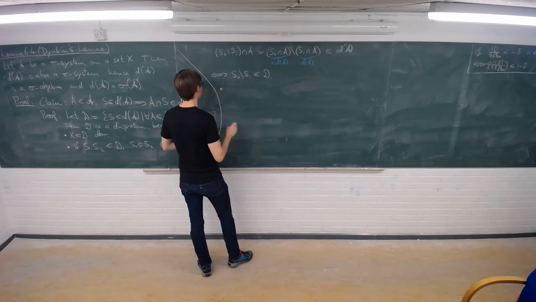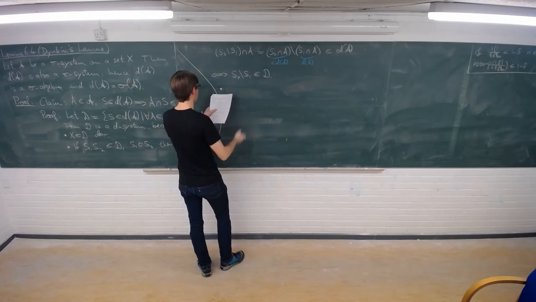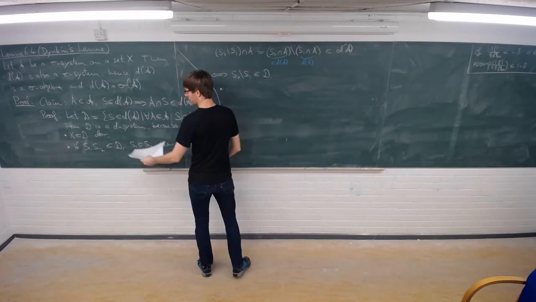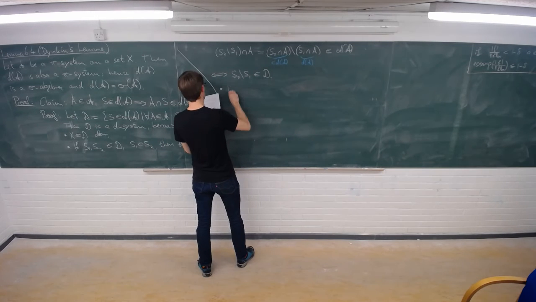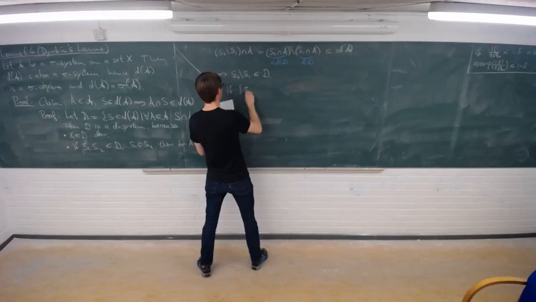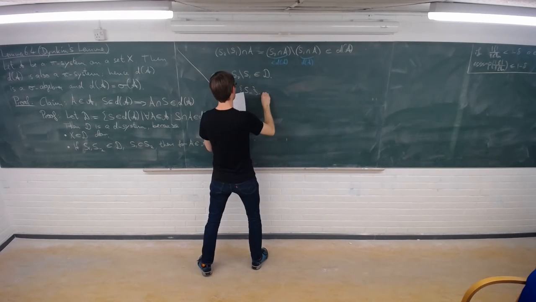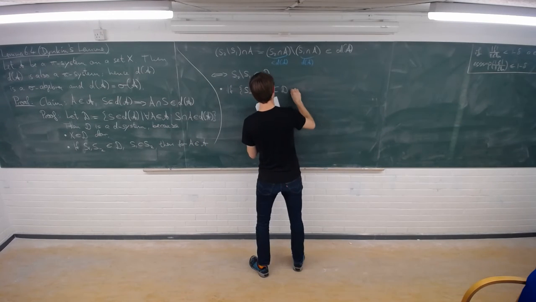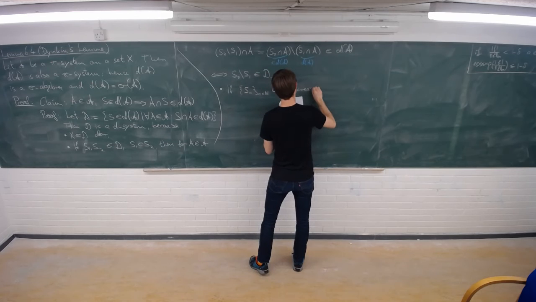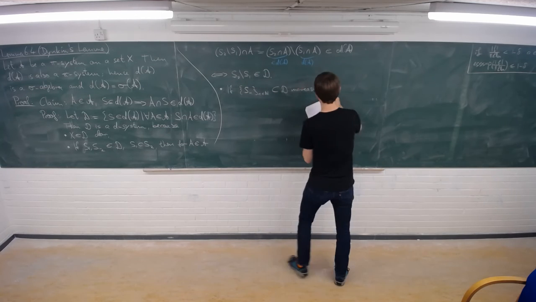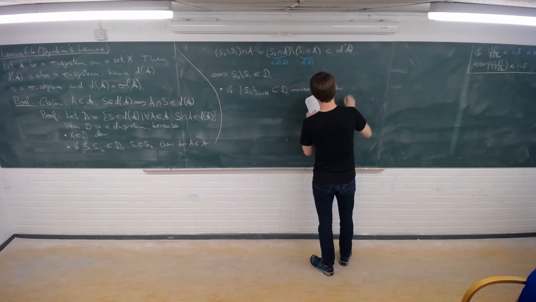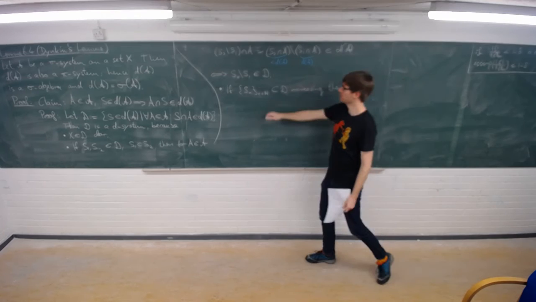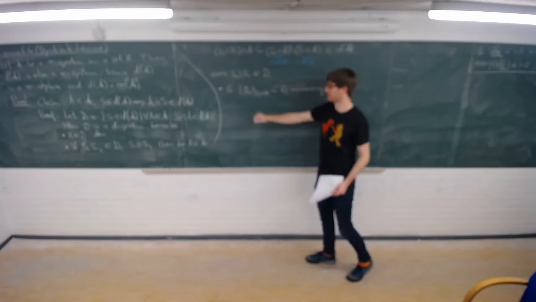And the third we have to check is if we take an increasing sequence of sets in D, then the union of these has to be in D again.